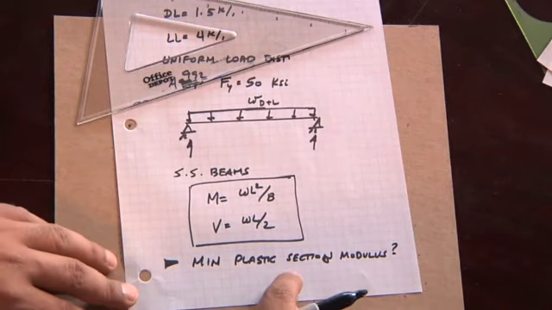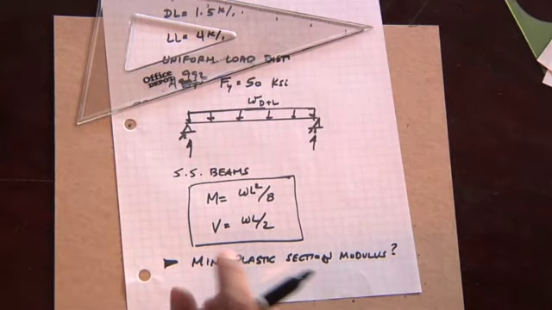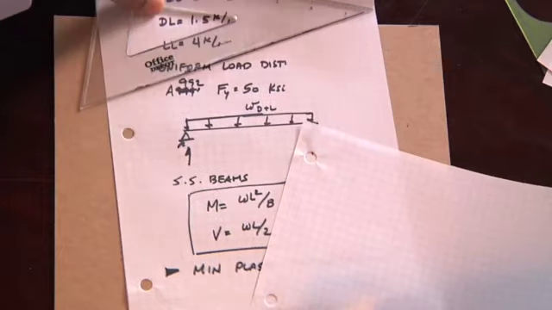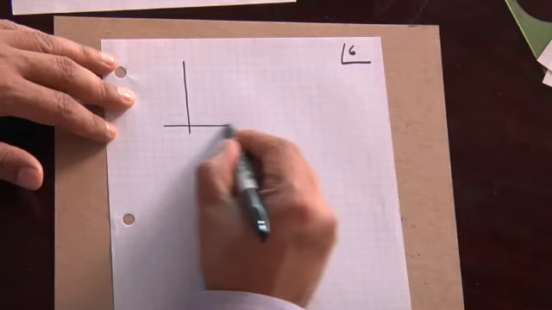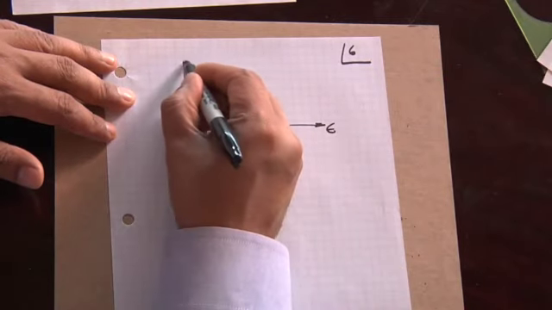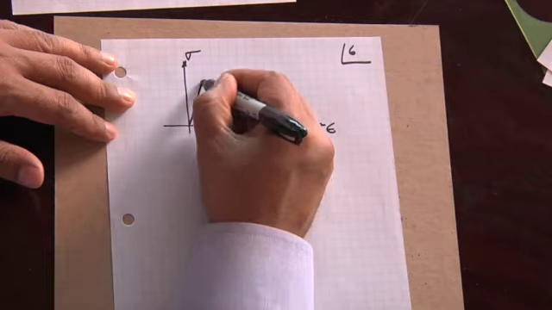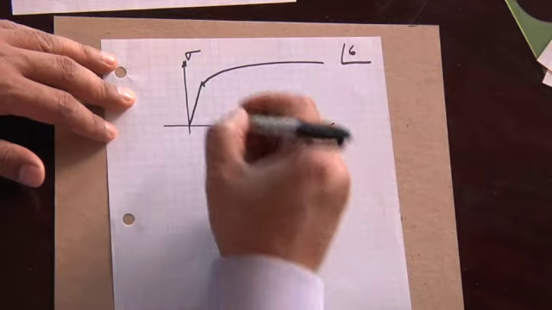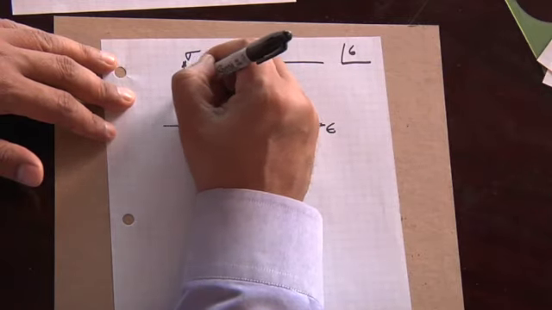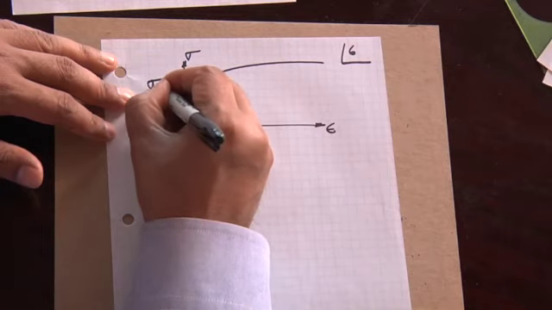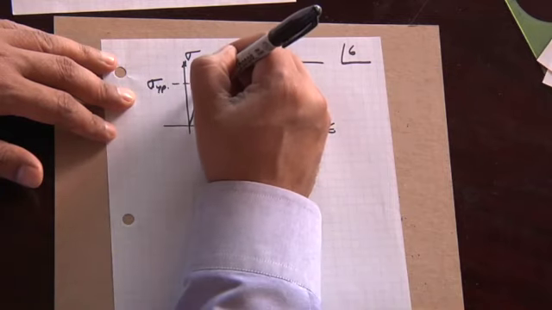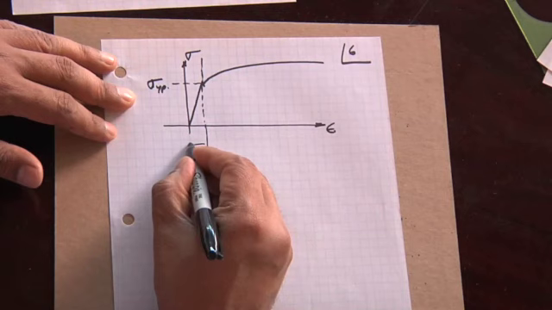What is the minimum plastic section modulus? So let's do a little review on what that is. Remember, when we talked about steel in the previous module, that steel has a stress-strain curve. The stress-strain curve has a yield point, and then it goes into the plastic zone. So at this yield point, this stress-strain curve is divided into 2 zones.